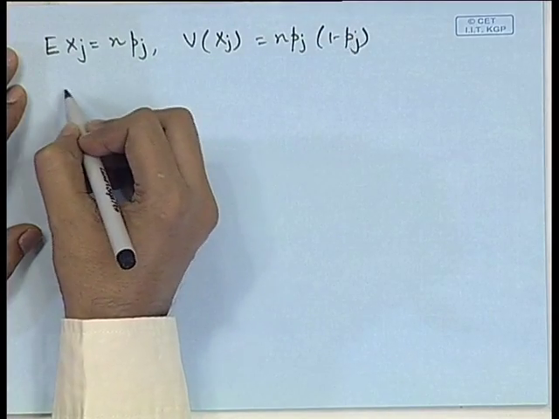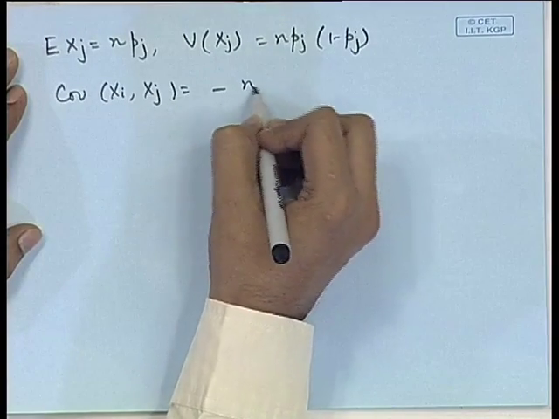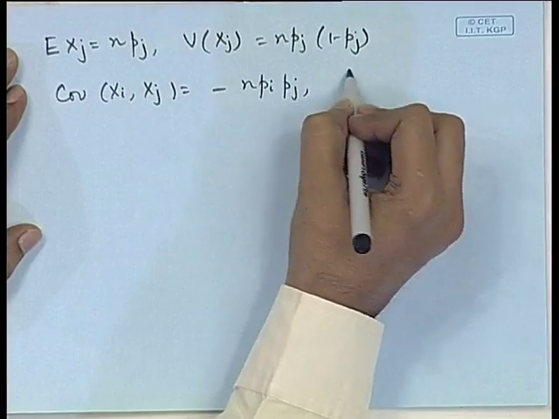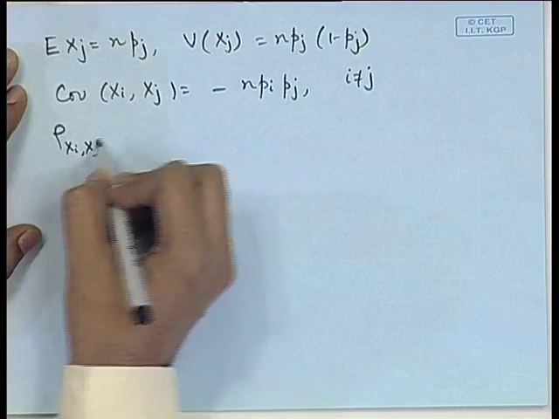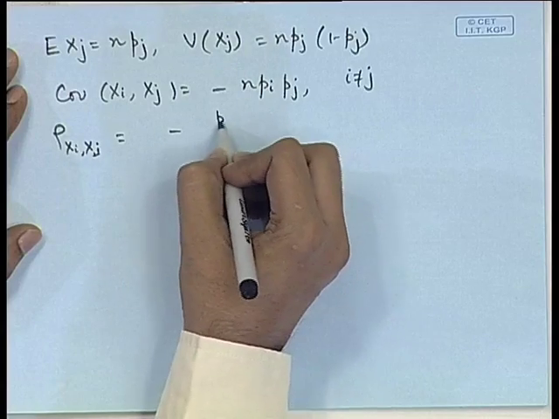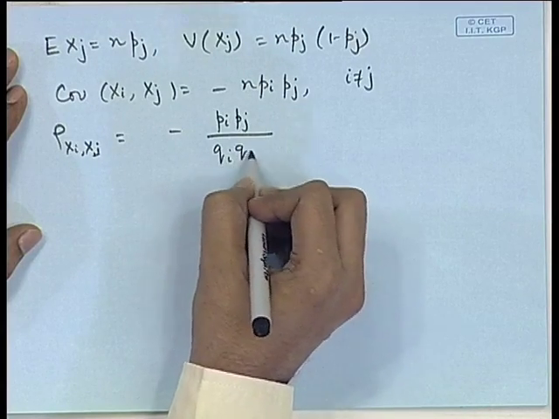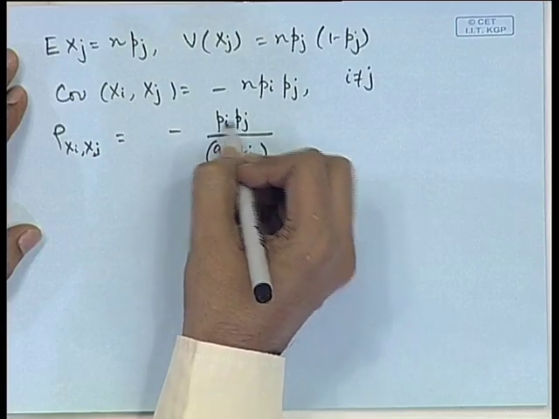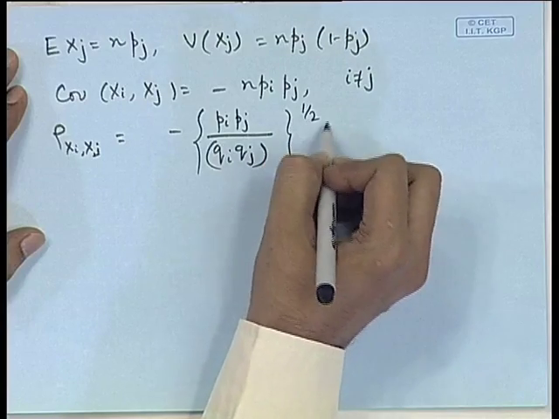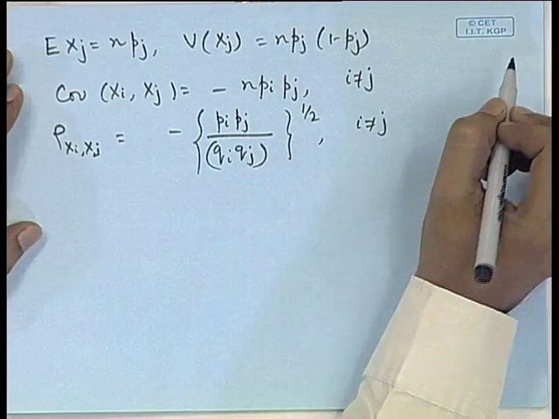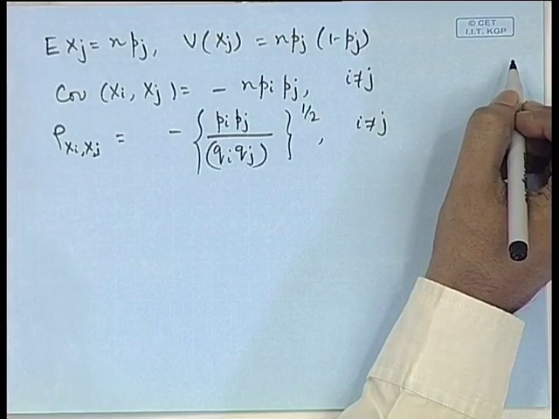We can also talk about the covariance between x i and x j, that will be minus n p i p j for i not equal to j, and therefore, the correlation coefficient between x i and x j can be calculated to be minus p i p j divided by q i q j, where q i and q j denote 1 minus p i and 1 minus p j, all to the power half, for i not equal to j. So, the correlation coefficient between two of these can also be calculated.